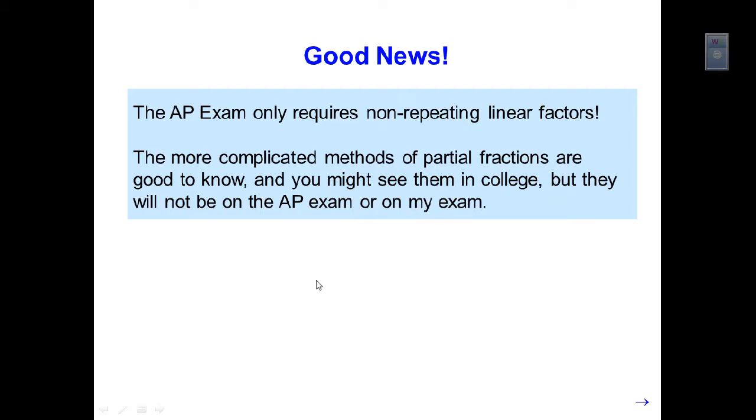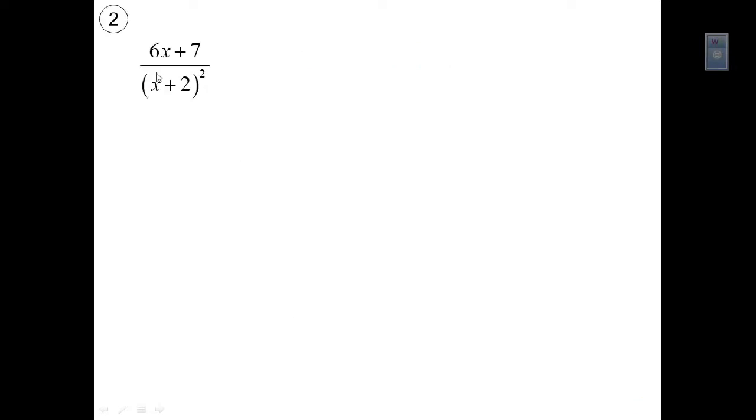But I do want you to have seen this before. Now, you don't have to copy all this down. I do want you to copy down, though, how you set it up. So, for instance, this is going to be a repeating linear factor. x plus 2 occurs 2 times. So you have basically x plus 2 times x plus 2.